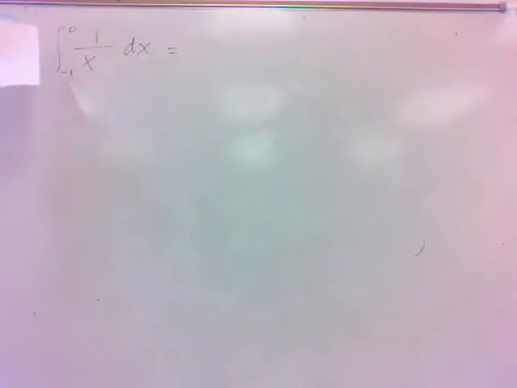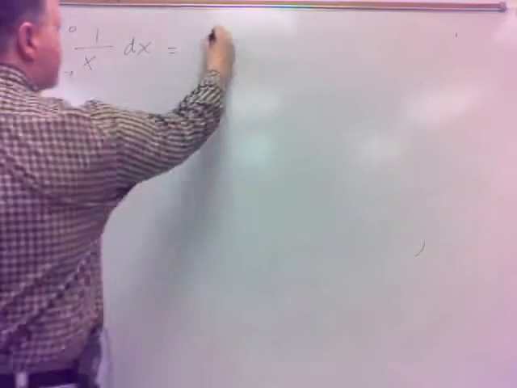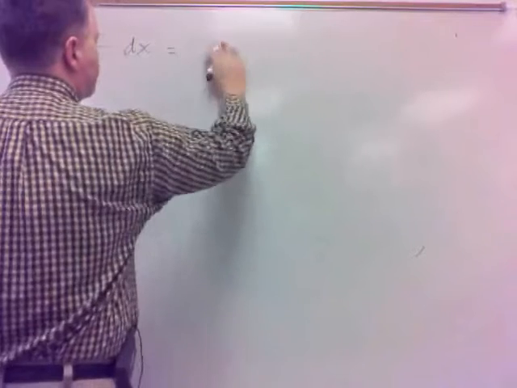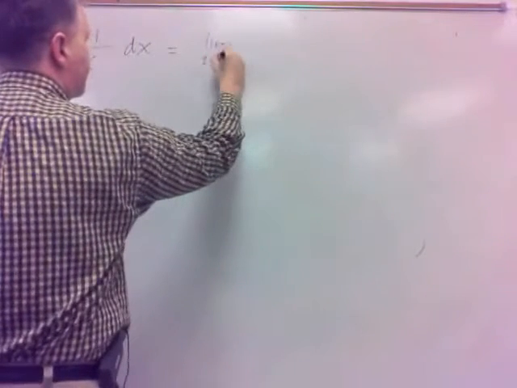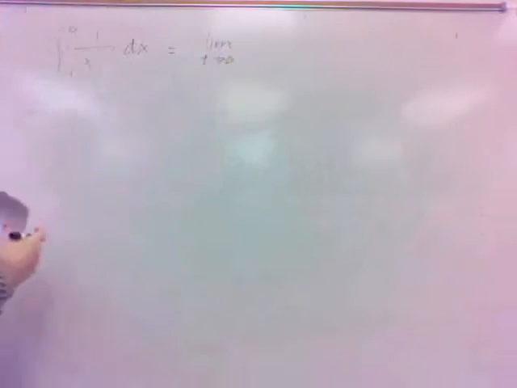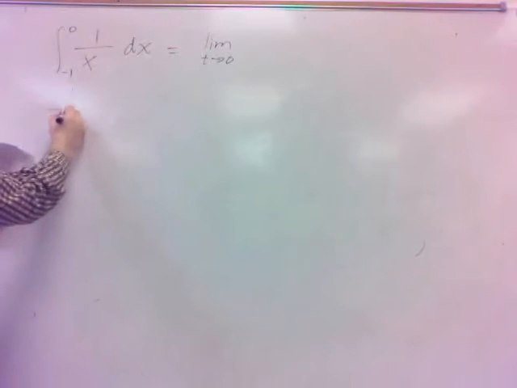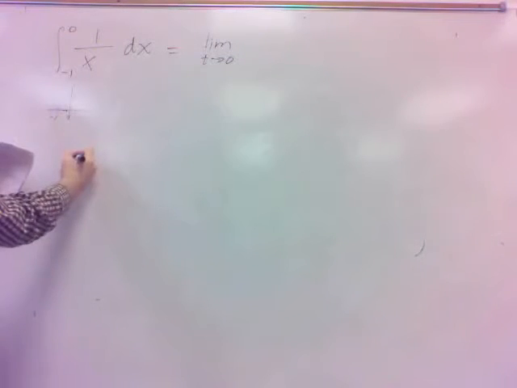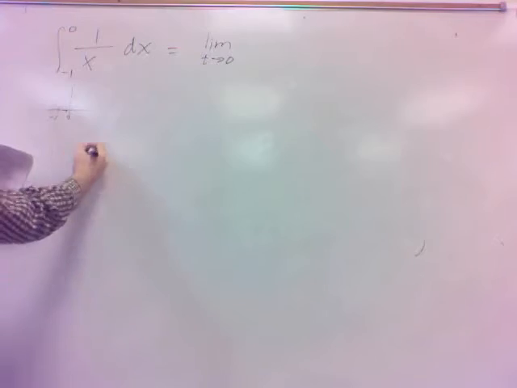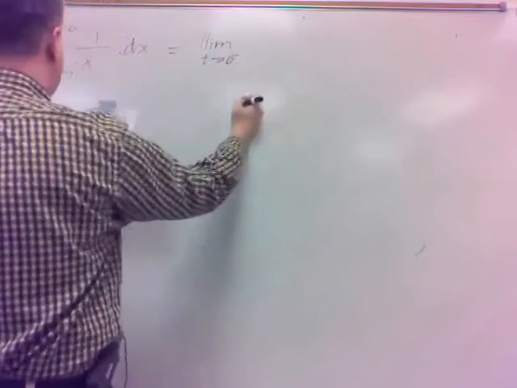So our problem, what am I going to do with t? T goes to 0. Limit t goes to 0, and we're going from negative 1 to 0. So I'm going to approach 0 from where? Left. 0 from the left.